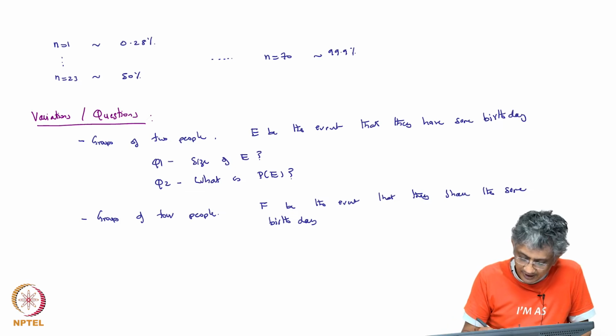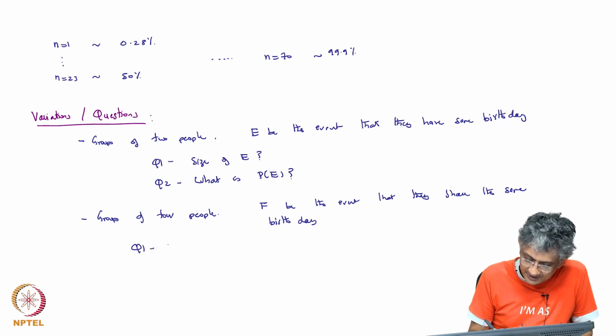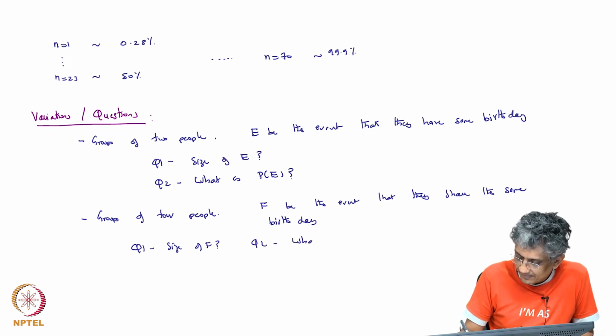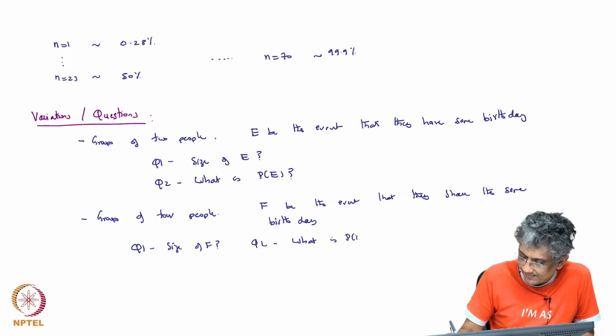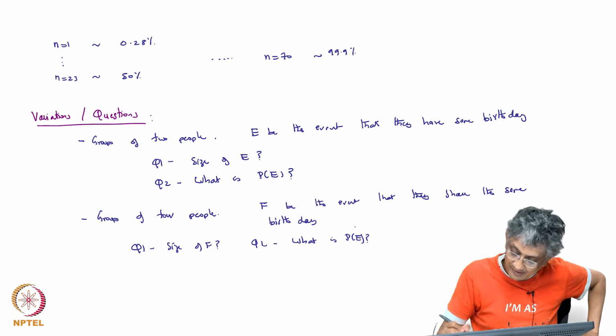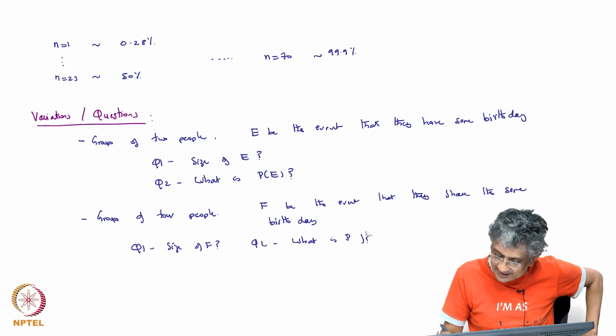Now you can go and compute again. Question 1: what is the size of F? How large is F going to be? Question 2 is, what is P of E, P of F? So this is the generalization you can work on.